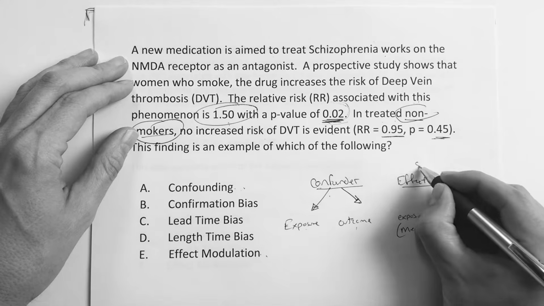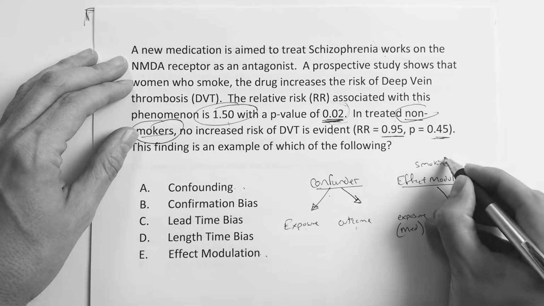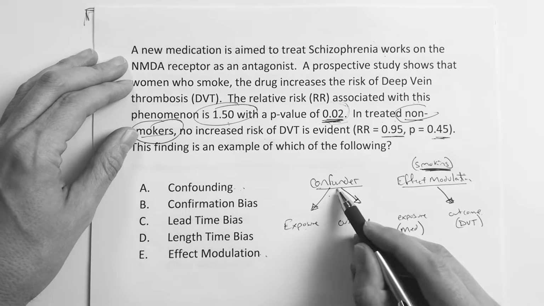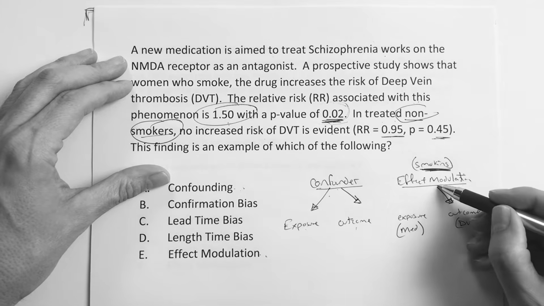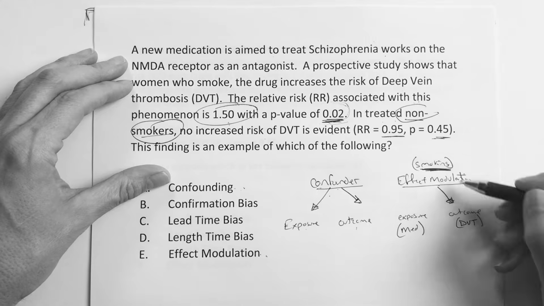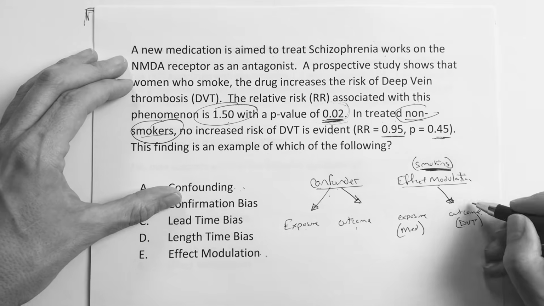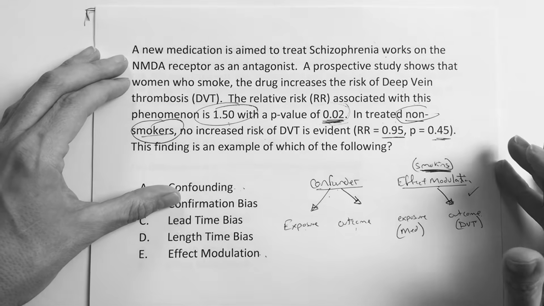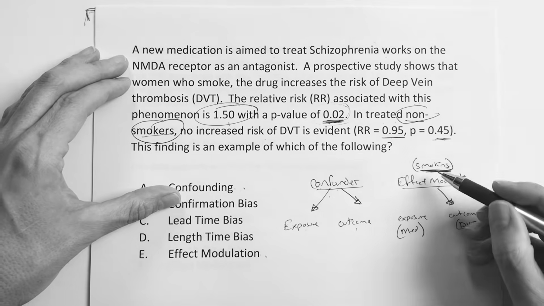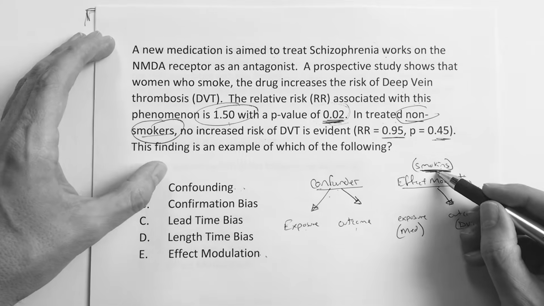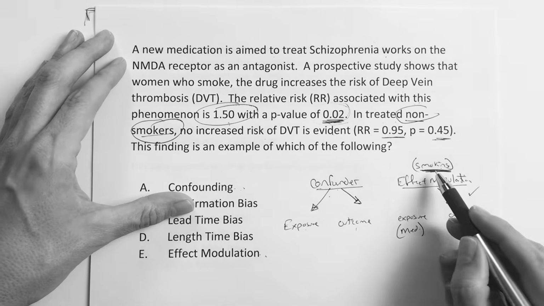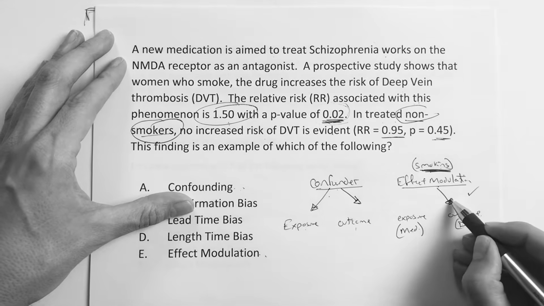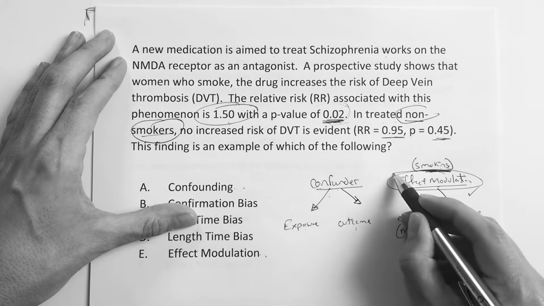So with smoking, we have to determine whether that was a confounder or an effect modulator. And it's real simple. You ask yourself, does smoking affect DVT? And we say yes, we know that. That's kind of a given, and it was kind of proven in this. But does smoking, in theory, affect the medication? We don't know, and there's no evidence of it. So the smoking only affected the outcome. So we say, oh, that's effect modulation.